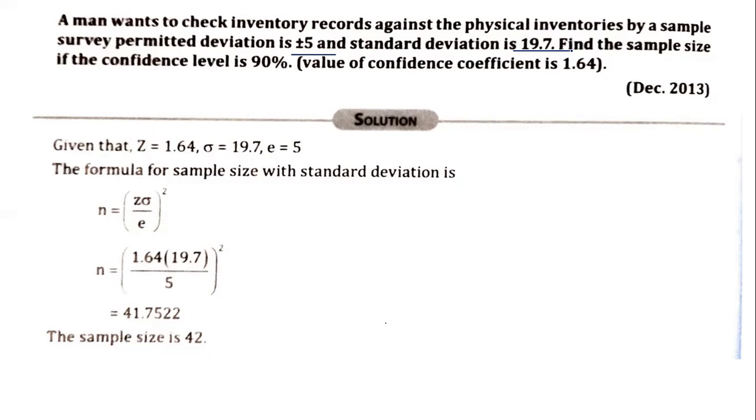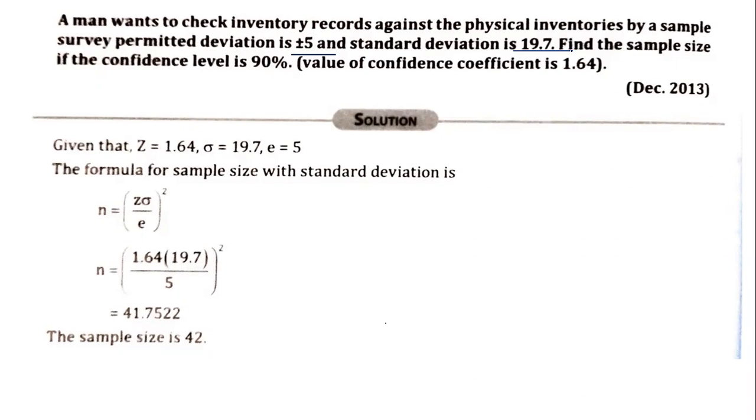Now the problem which we solved before was a population proportion question, because it talked about proportion. Proportion is in comparison. Now in a class, if I say the proportion of boys and girls, how many boys and how many girls are there? That is the proportion. But here they are directly talking about standard deviation of the data.